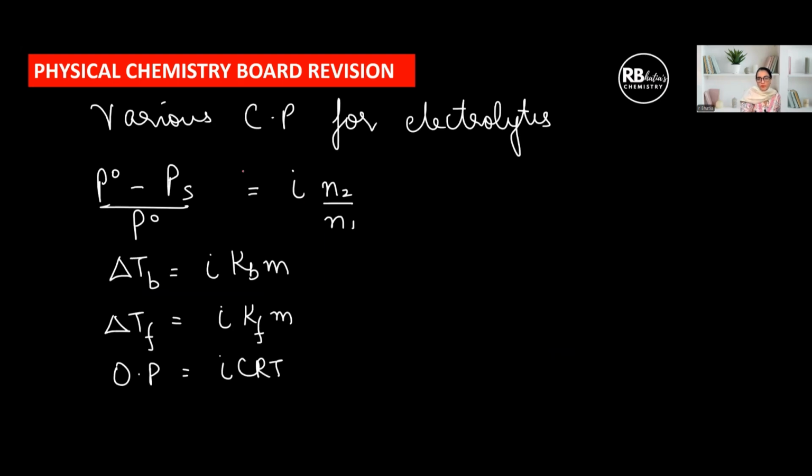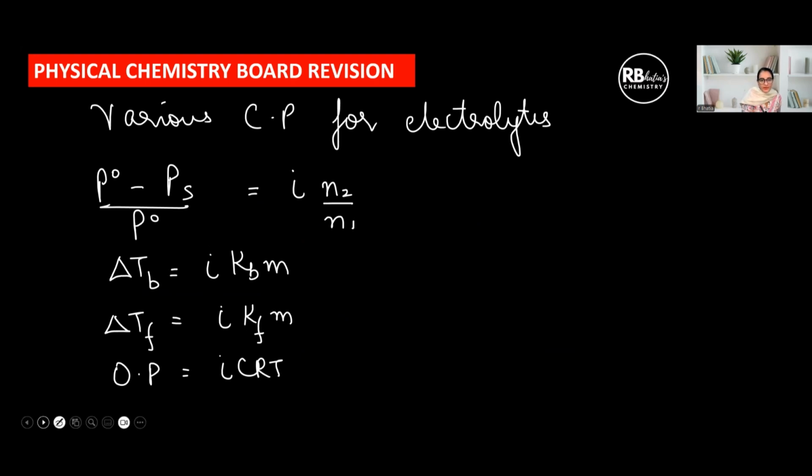Now, various colligative properties for electrolytes will get modified using the I factor with these formulas. Clear? Remember? And also remember, I is going to be equal to 1 minus alpha plus N alpha if it's dissociation, or if it's association, 1 minus alpha plus alpha by N, as we have already discussed in each case.